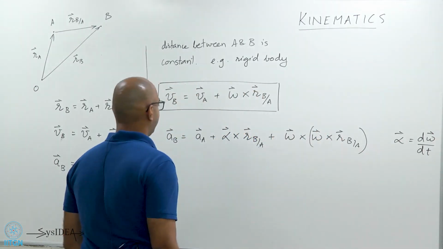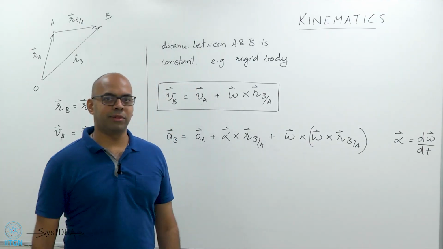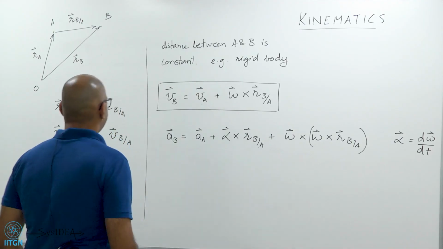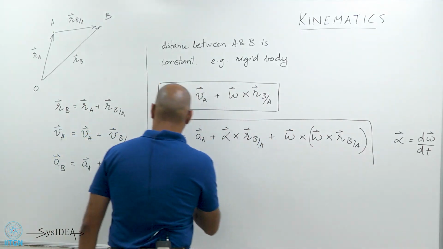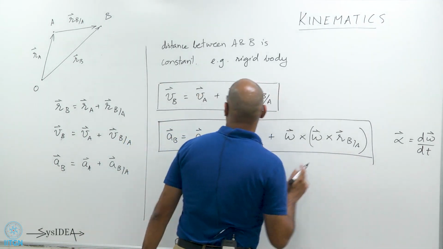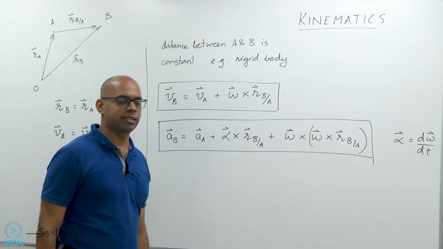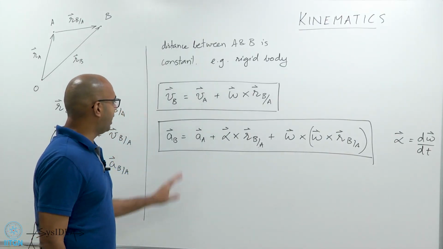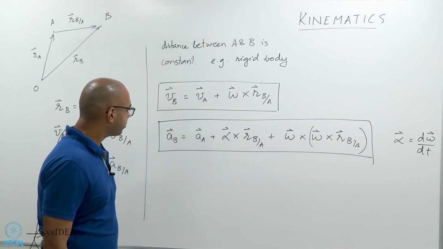And in fact, many of you will recognize some of these terms because you might have seen them in different contexts. This is a very, very general expression. It is always applicable whenever the distance between A and B is fixed, is constant. So any rigid body, 2 points fixed on a rigid body, both these equations are applicable.